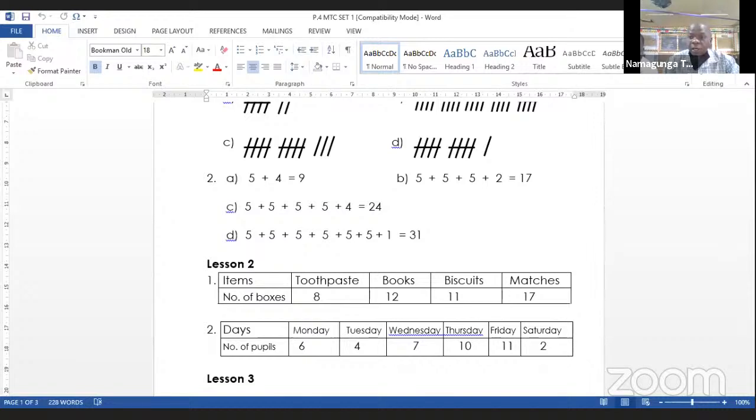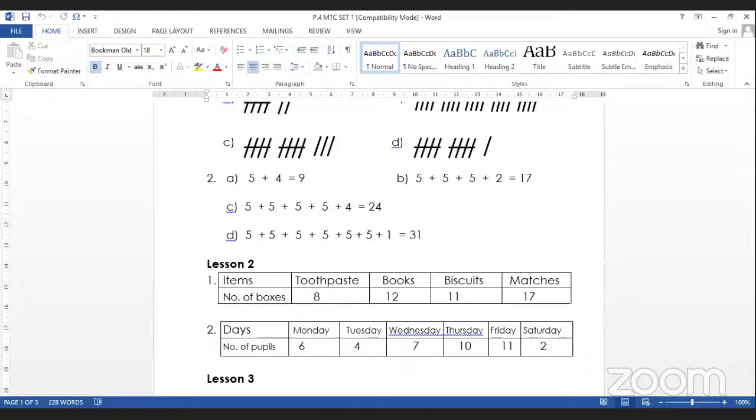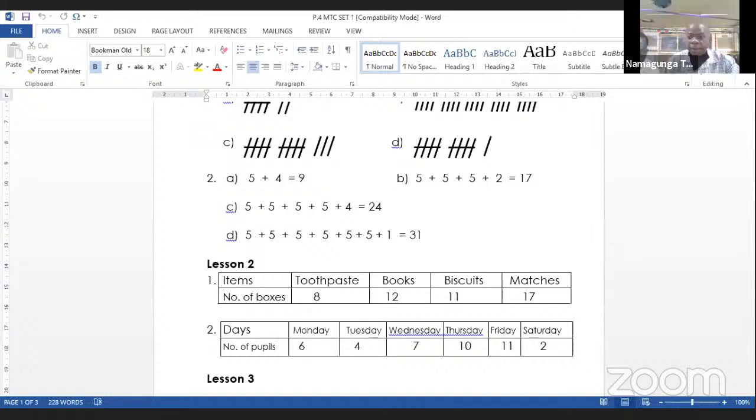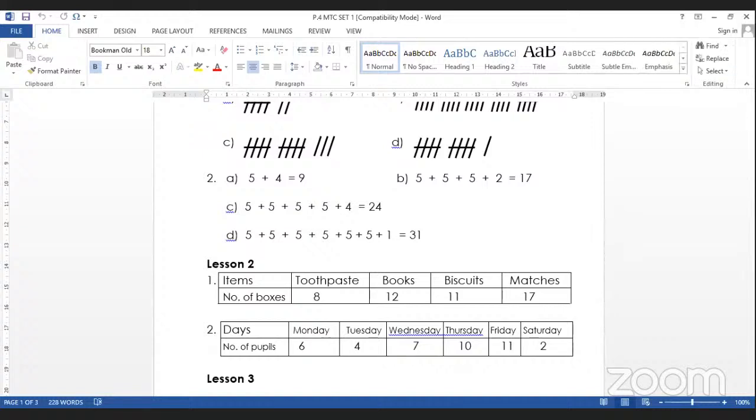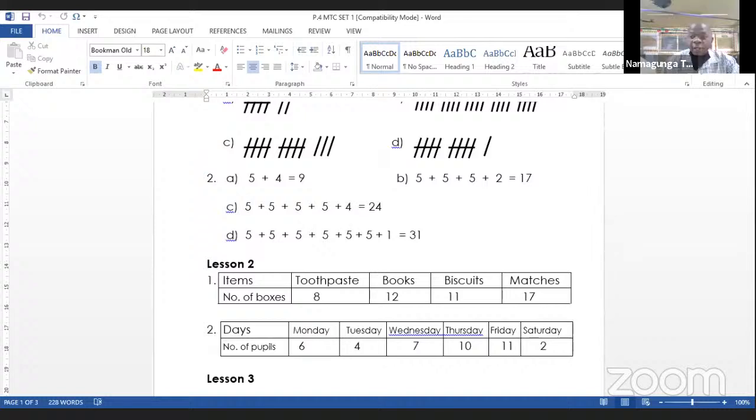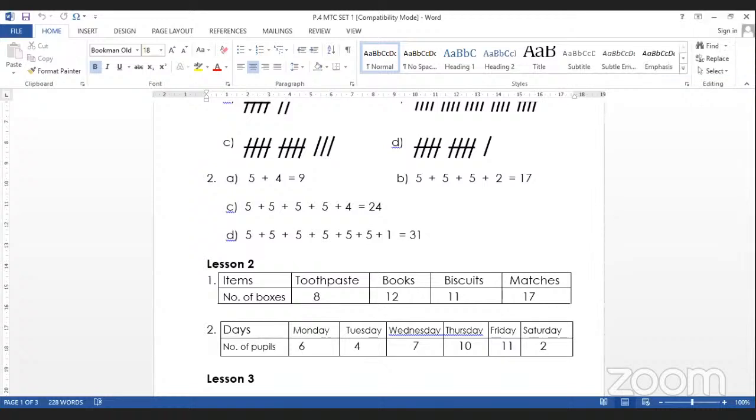Okay, Skylar has a question also. Skylar? Teacher, I didn't get the work you're talking about. No, the work, you check on the parents' email, the work is there. Okay, teacher. Okay, please.